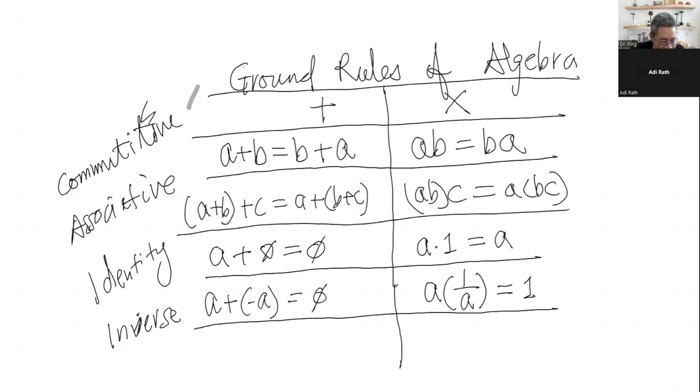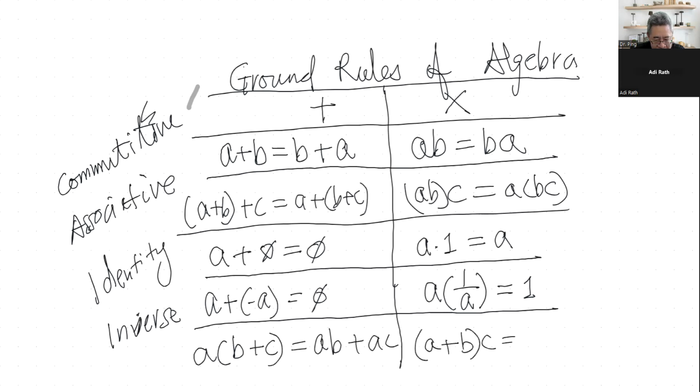Then this is equal to A times B plus A times C. Or you could go the other way around, to the right, which gives you A times C plus B times C. Now, what's this rule?